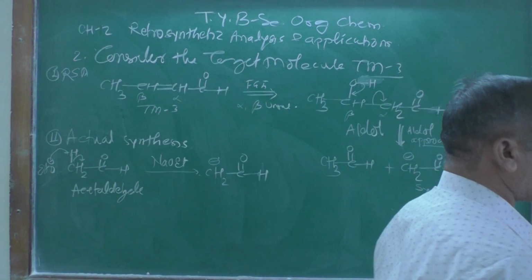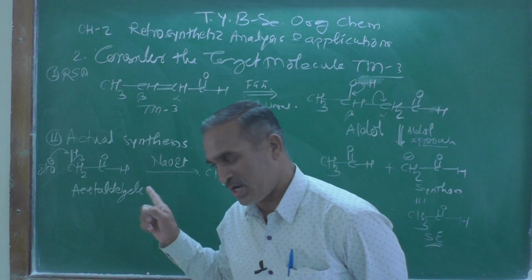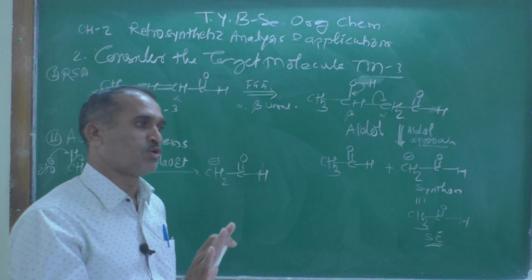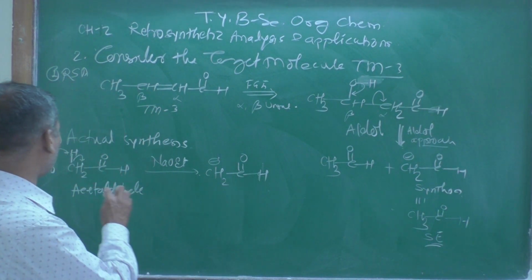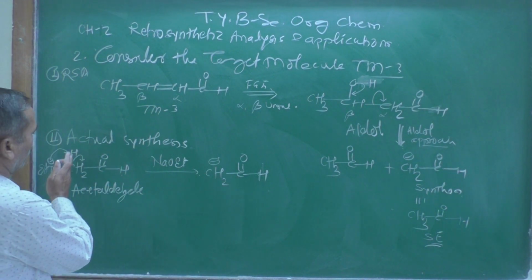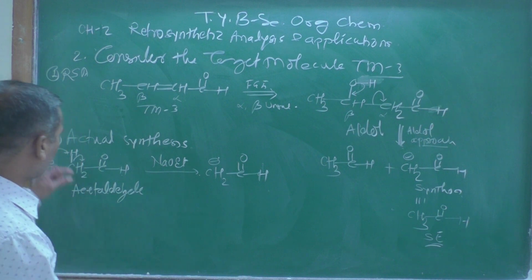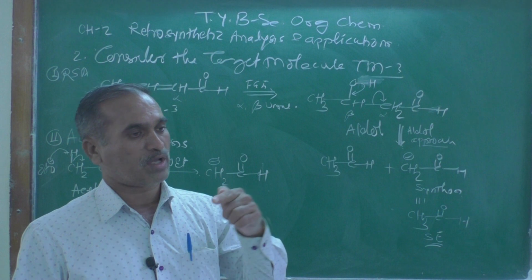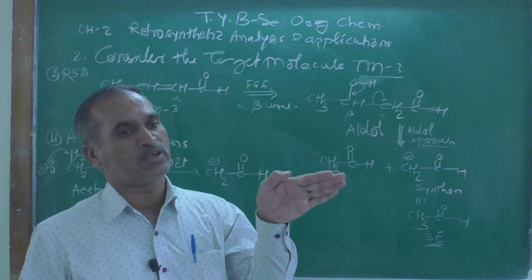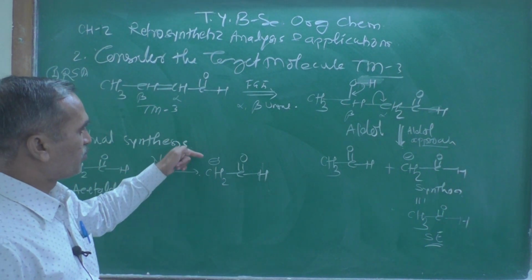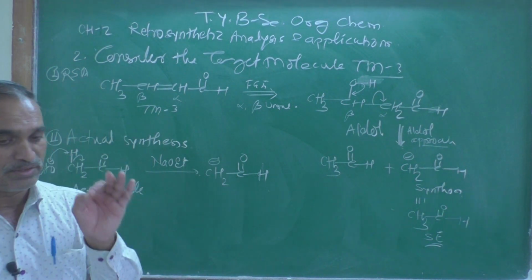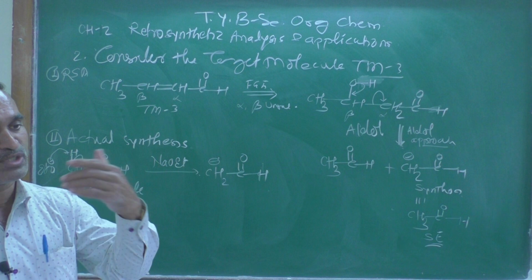Why do I call it a proton? Because it goes along with the base, and this bond is nothing but a sharing of 2 electrons. When the proton goes, it leaves its bonding pair behind, and therefore a negative charge forms on that carbon atom, and that carbon atom has a special name.